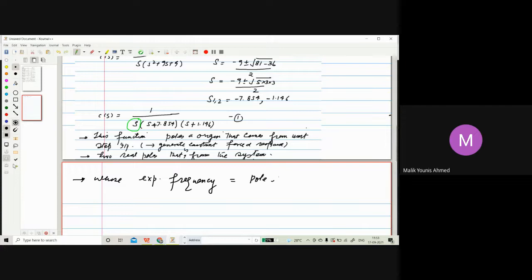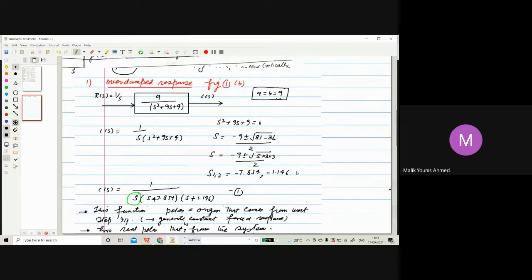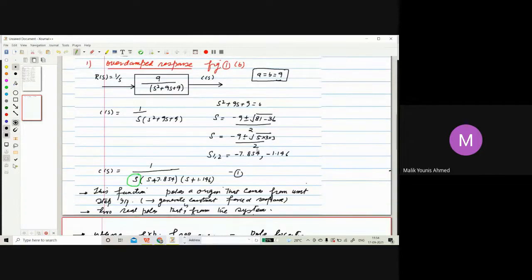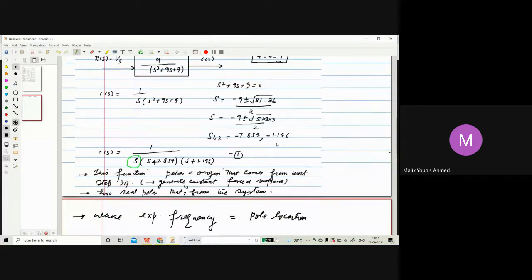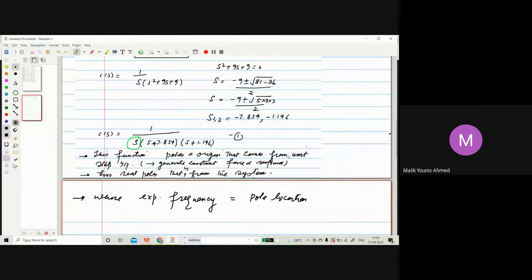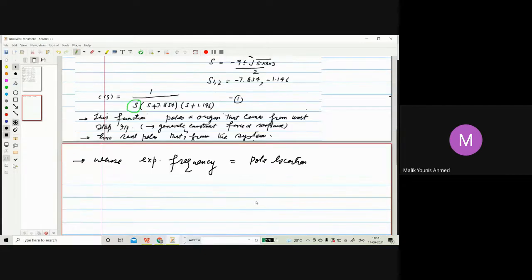That's very important. Whatever the location of the pole is, that is this location, 7.5. A is a time constant, 1 by A is the frequency, so its exponential frequency will be equal to that pole location. Then we can obtain the exponential frequency from that pole location.